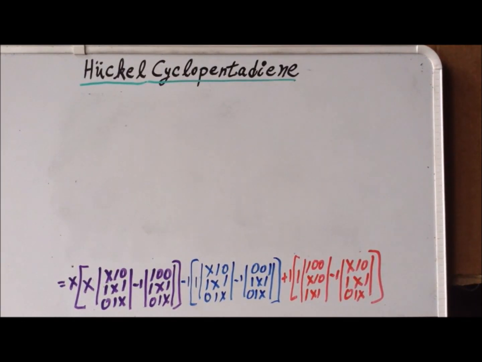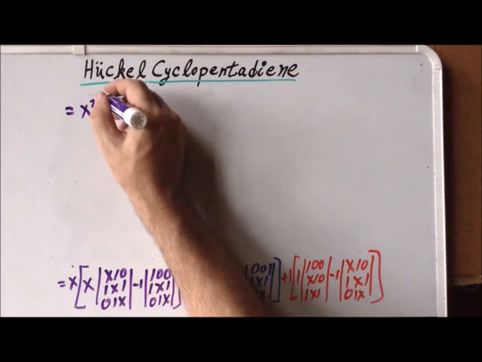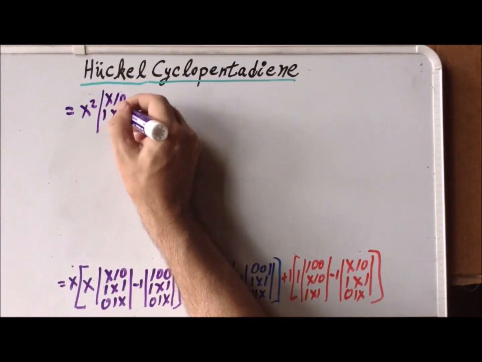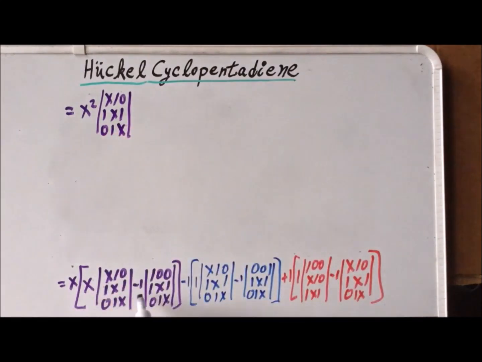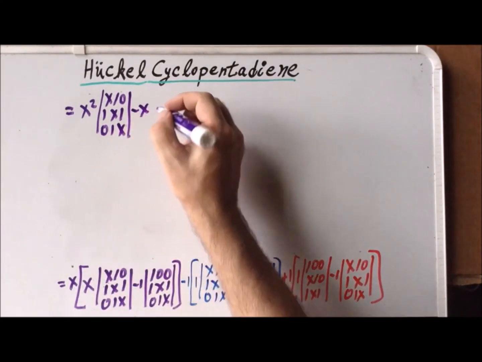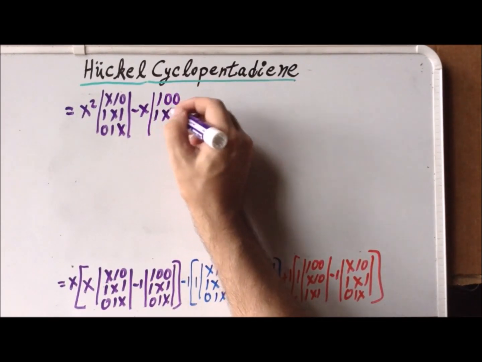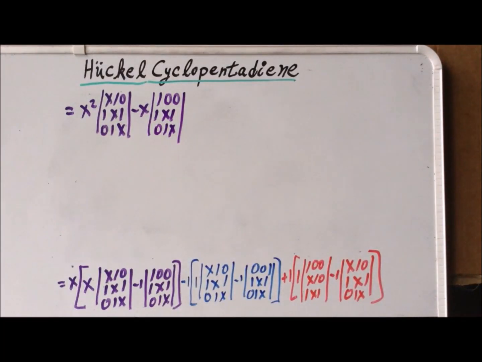Next, we can use the distributive law to distribute the coefficients in front over the terms after them. So this gives us x squared times the first 3 by 3 determinant, x, 1, 0, 1, x, 1, 0, 1, x, minus x times the second 3 by 3 determinant, and we've shown those in purple.